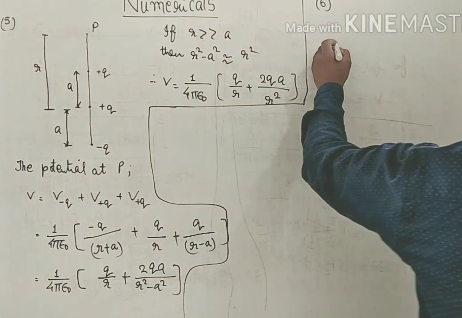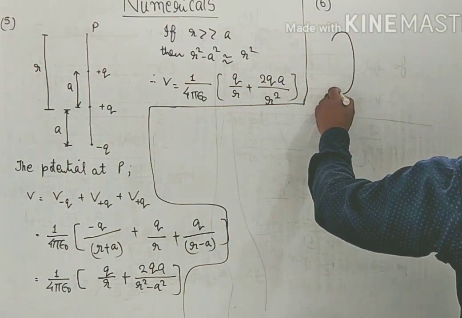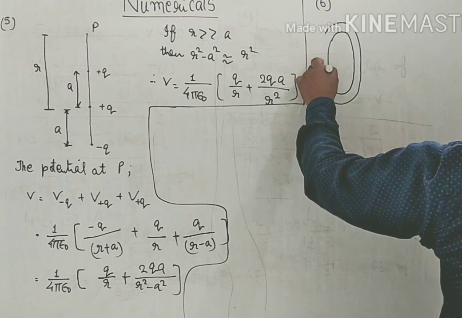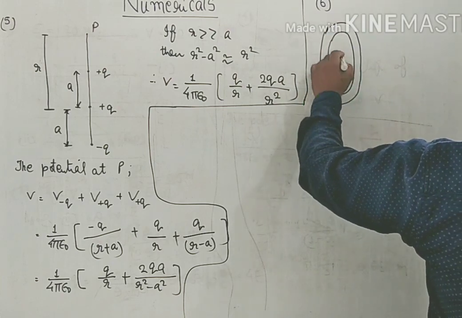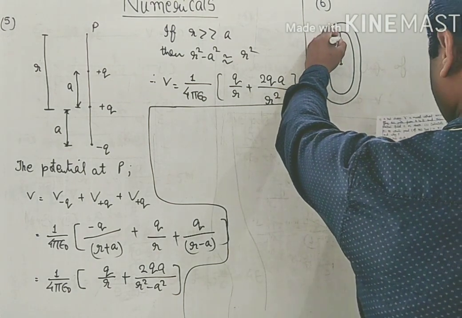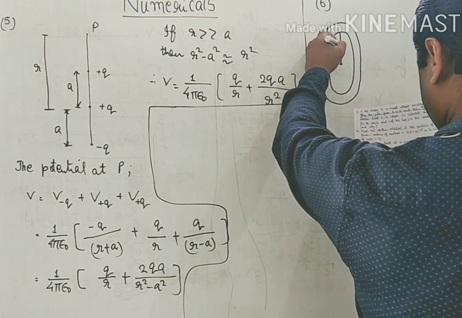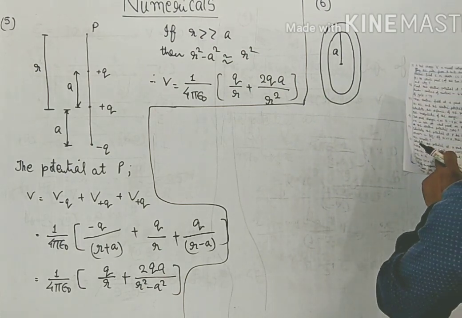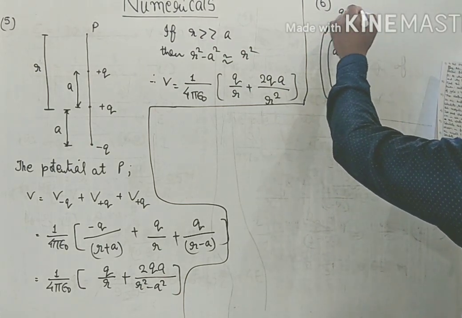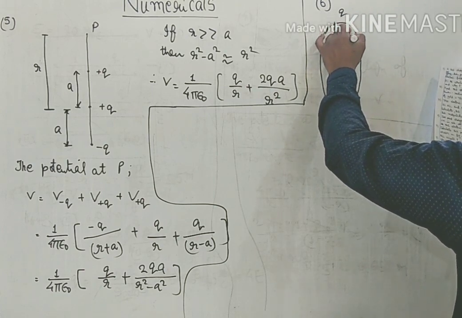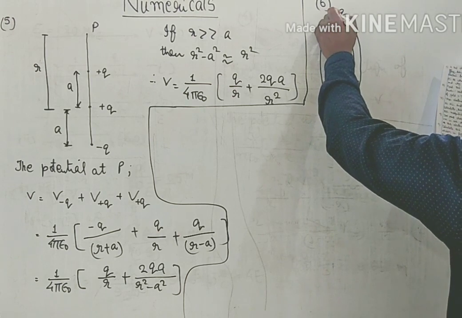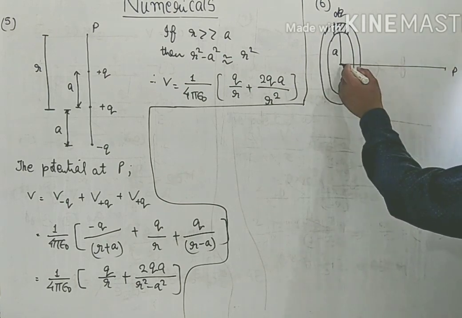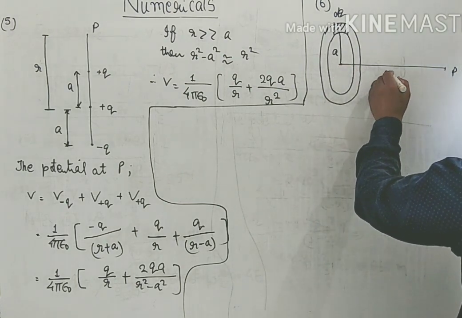Suppose here we have a ring. The radius of the ring is given to be A, and the charge on the ring is Q. We will consider a small element of this ring, which has charge dq, and the distance of the test point P from the center of the ring is small x.